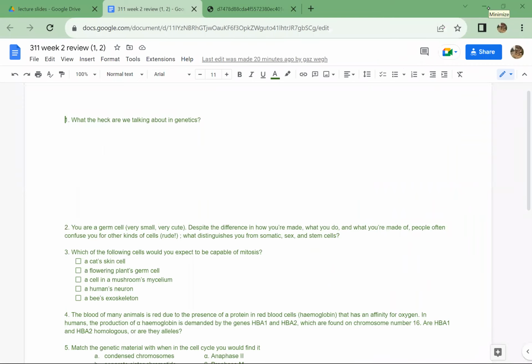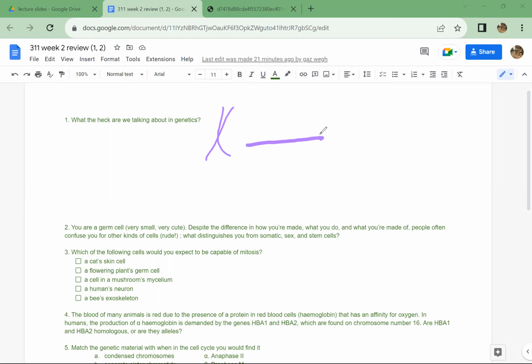So when we're looking at these nice little X's, we don't really care about the X's for their own sake. There's something on the X's that is important.